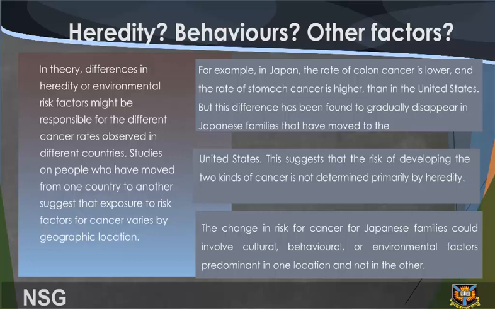But this difference has been found to gradually disappear in Japanese families that have moved to the United States. This suggests that the risk of developing the two kinds of cancer is not determined primarily by heredity. The change in risks for cancer for Japanese families could involve cultural, behavioral, or environmental factors predominant in one location and not in the other.